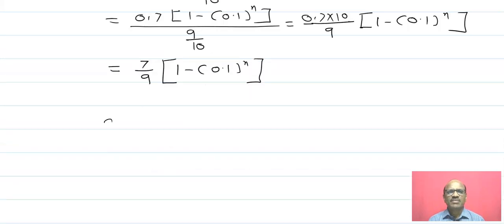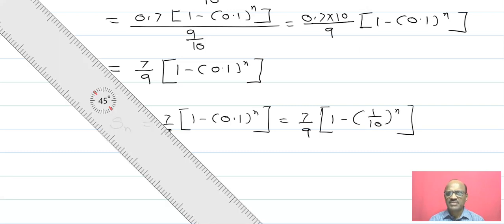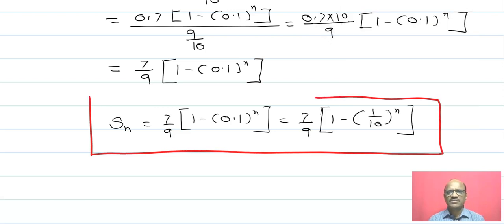Therefore it is 7 upon 9 in square bracket 1 minus 0.1 bracket raised to n. Therefore Sn is equal to 7 upon 9 in square bracket 1 minus 0.1 bracket raised to n. And hence the answer can be written in this manner also: 7 upon 9 in square bracket 1 minus 1 upon 10 bracket raised to n. This is the formula for the Sn.